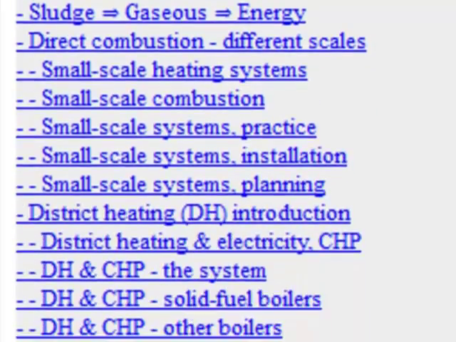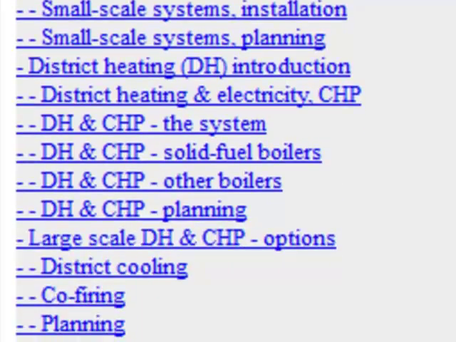After that, we bring up different applications to discussion. And the first ones and the most important ones are the ones using direct combustion. And then different scales are discussed, all from small scale systems that are for the individual house and extending up to large district heating systems with combined heat and power production.